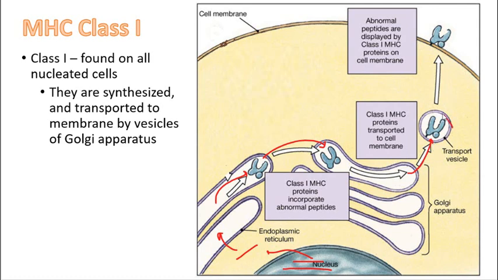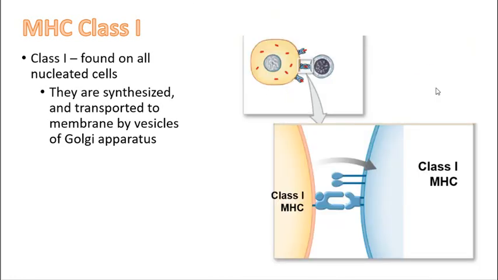So this is a vesicle, and this structure that you see over here is the MHC protein. That MHC protein goes to the surface of the cell. So all the nucleated cells will have some kind of ID card, and that identification is this MHC class 1 protein.